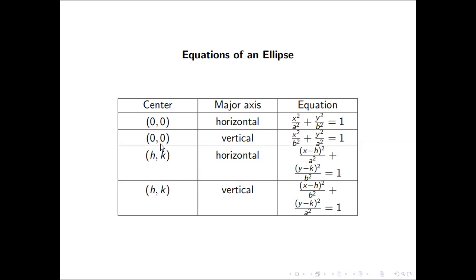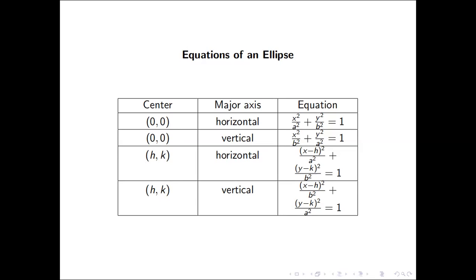Now, more generally, if the center of an ellipse is at some general point whose coordinates are (h, k), then we simply replace x by x minus h, y by y minus k, and we get the equation of an ellipse with center at (h, k).